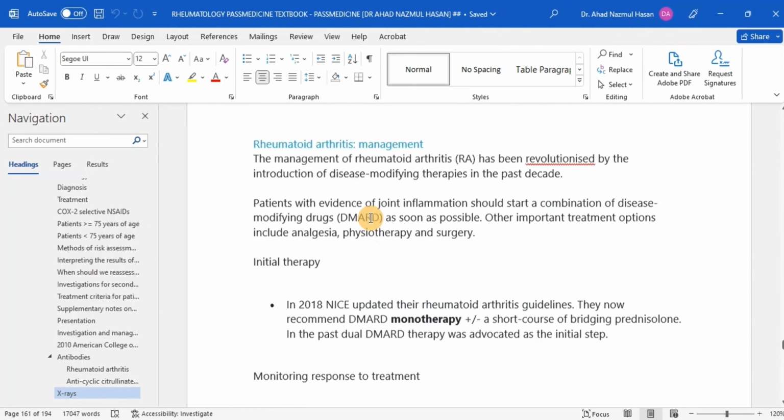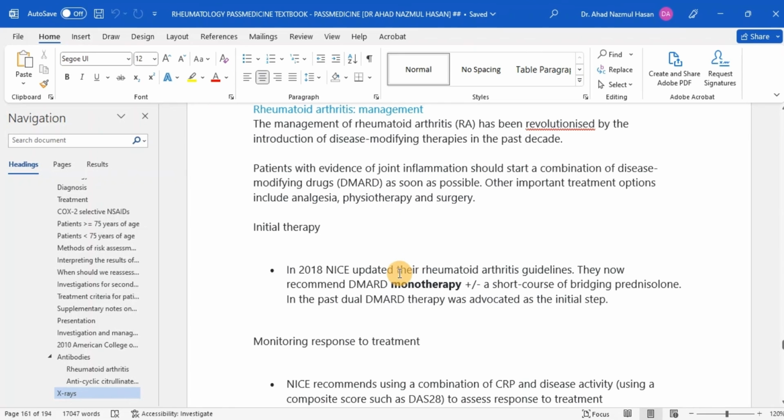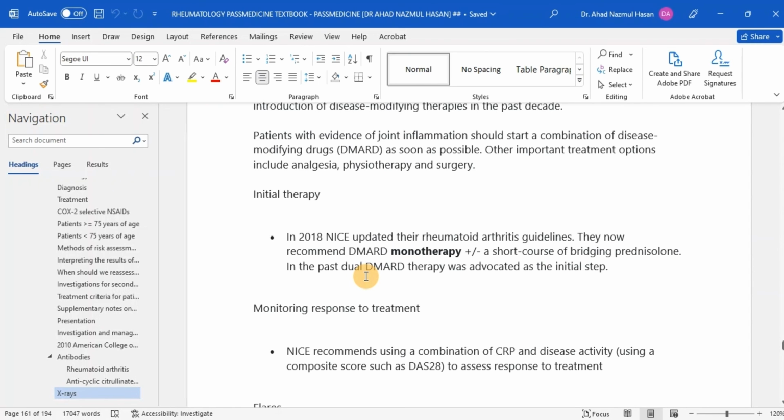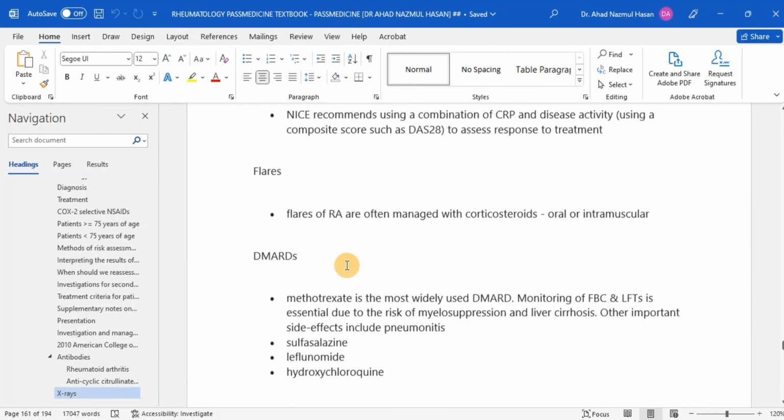Initial management for rheumatoid arthritis is a single DMARD with a short course of prednisolone. Previously there were 2 DMARDs, but now it has been replaced by a single DMARD.